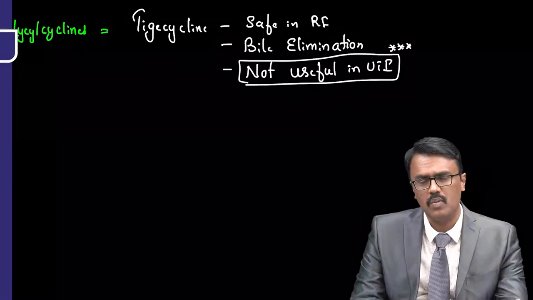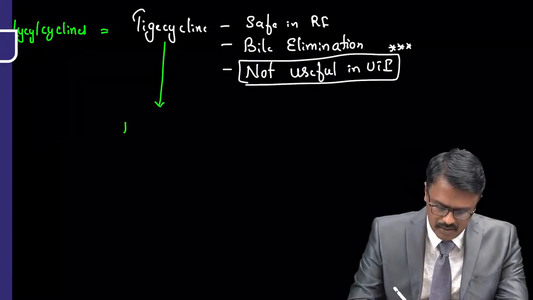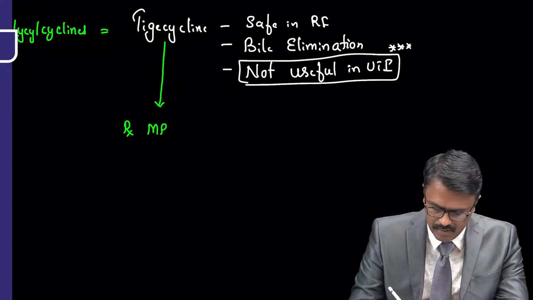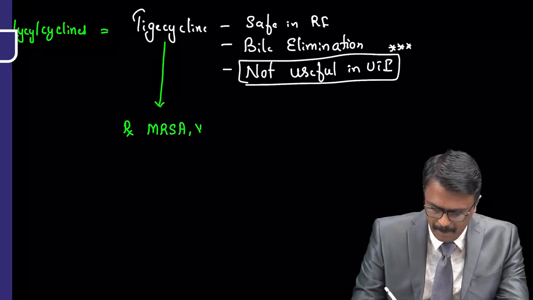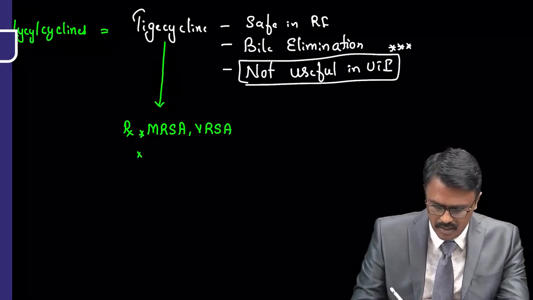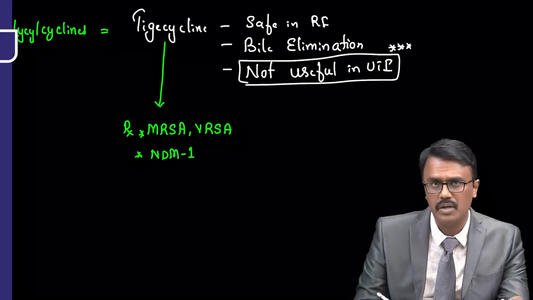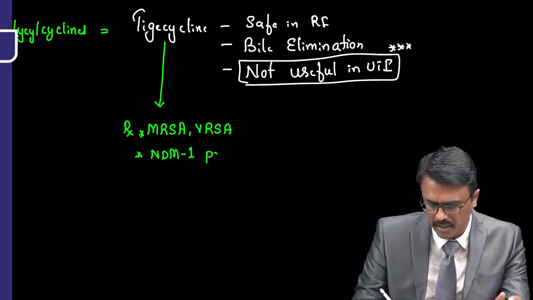No. One more drug is moxifloxacin. Again, it will not work in UTI. Tigecycline is used to treat MRSA, VRSA infections. And also it is used in the management of New Delhi metallo-beta-lactamase 1 producing bacteria.